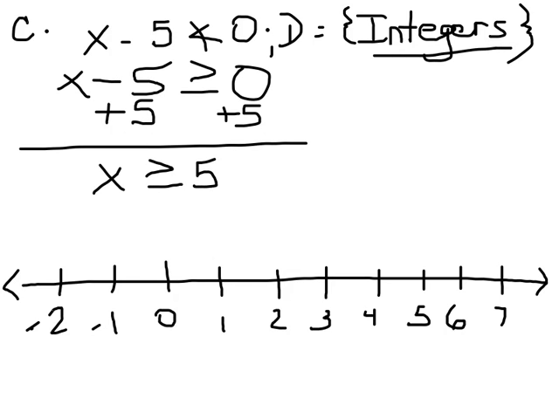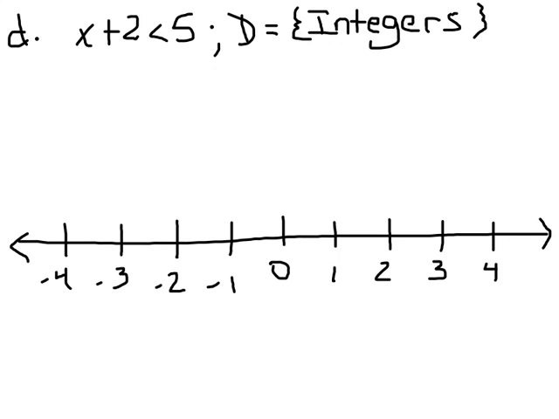But look at our domain. It is integers, so I have to start at 5 because it is equal to 5. A dot on 5, a dot on 6, a dot on 7, and so forth. Remember, integers are always going to be dots on the number line.